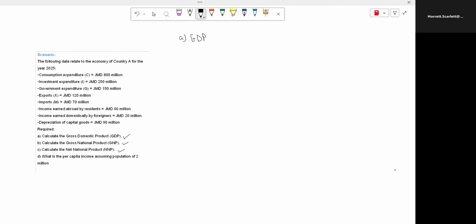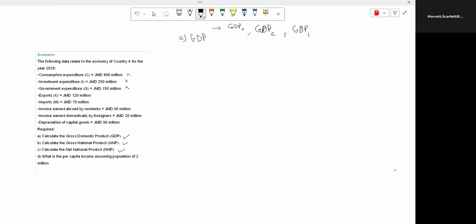Well, there are three ways in which we can compute GDP. We can have GDP based on the output, we can have GDP based on expenditure, or we can also have GDP based on income. And the question that we're asking is, which one of these is appropriate based on the data that we have? So we know that we have expenditure data.